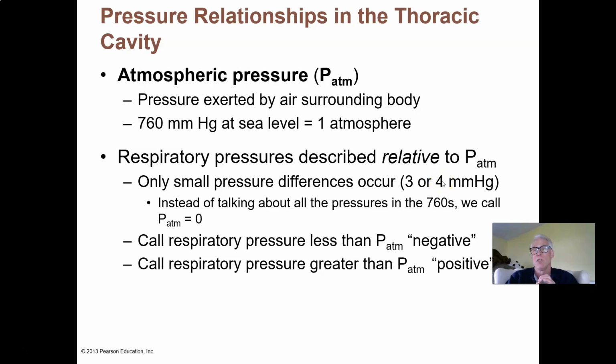And so very small changes in pressure, and we want to talk about those changes in pressure, and instead of saying 761 or 759 to talk about the differences, we just call atmospheric pressure 0, and then if the pressure goes down from there in the lungs, we call it negative pressure, and if it rises, positive pressure, and then we just talk about the differences. So we might say that the pressure in the lungs goes from 0 to 1 or 2, and then from 0 to -1 or -2 as we move air in and out.